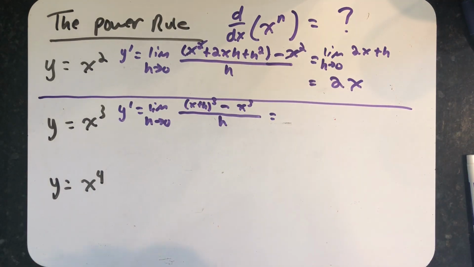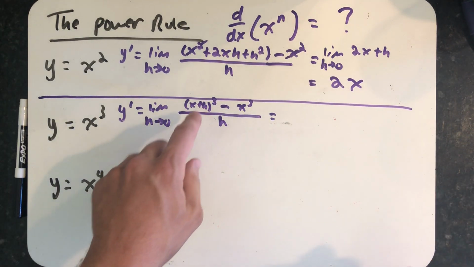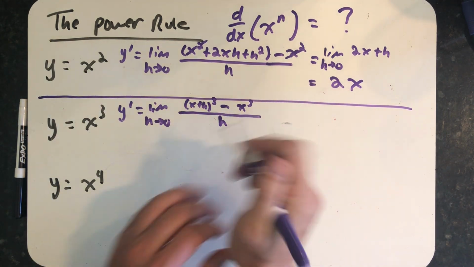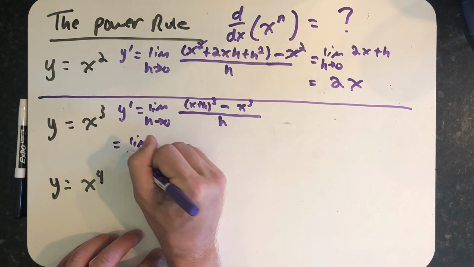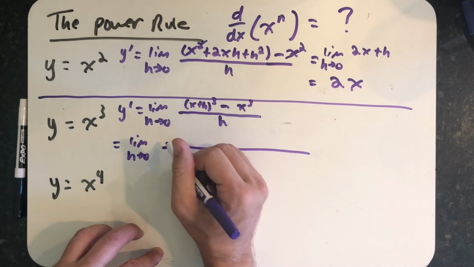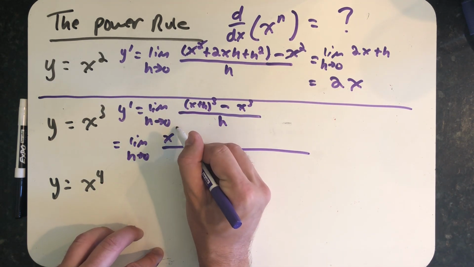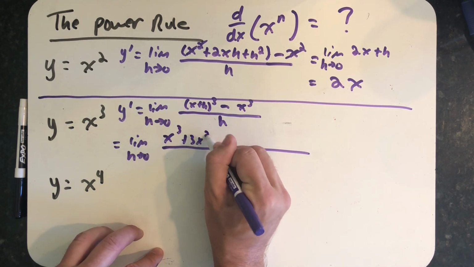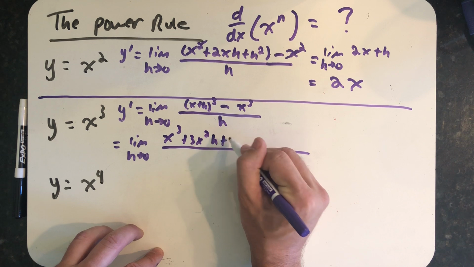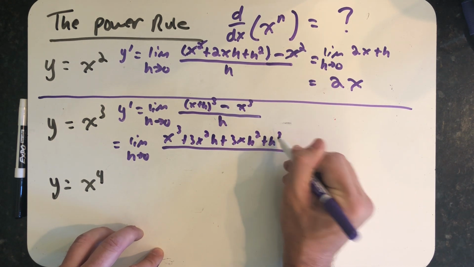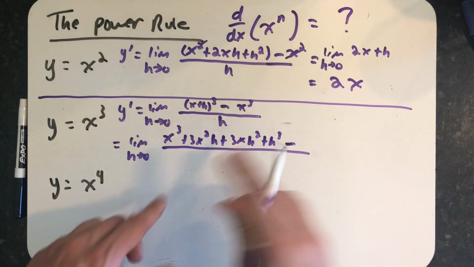So now what I know is that x plus h all cubed there is the same thing as what I had written on that other board, which I've set off to the side and out of the frame of the video, but it was x cubed plus 3x squared h plus 3x h squared plus h cubed minus, so that's that part.